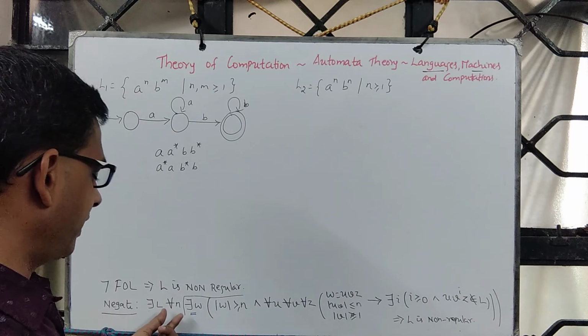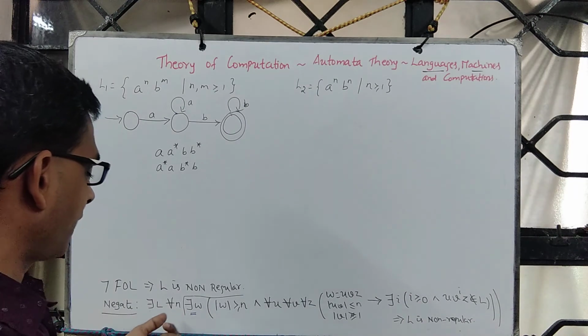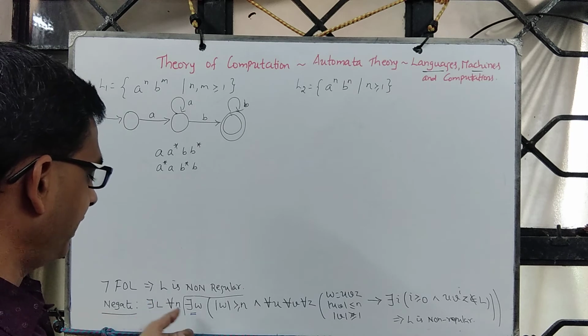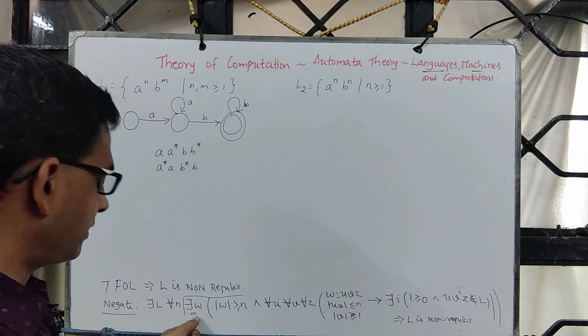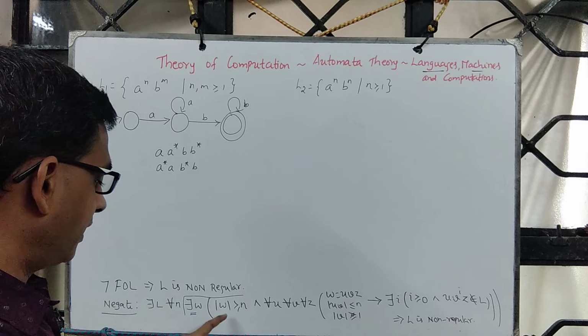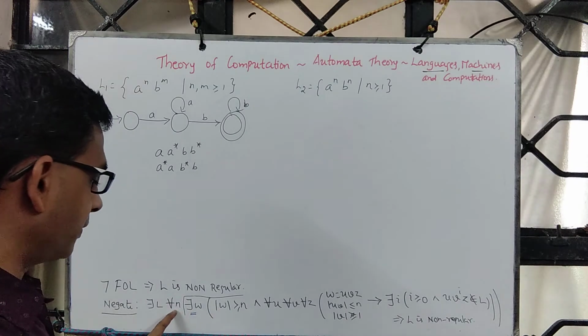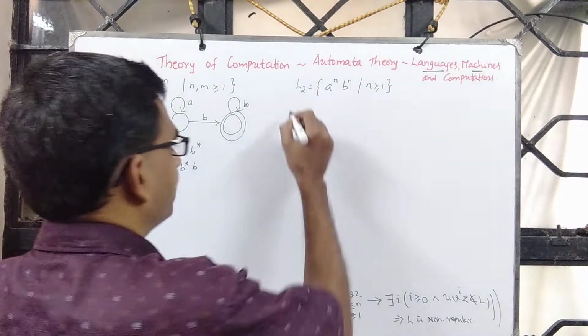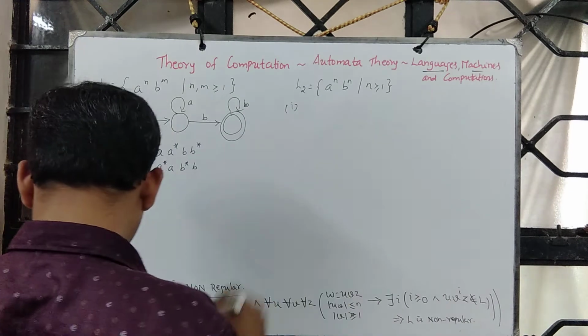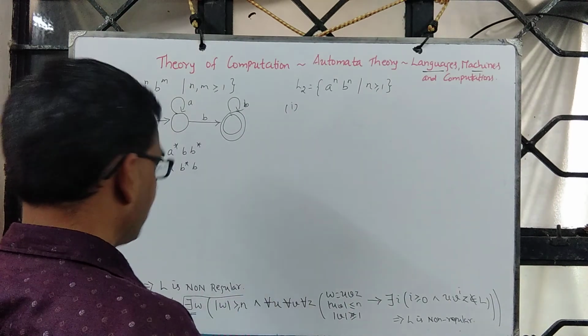Over here it could be some constant that says you choose any n, there exists w, and the length of w is related to this.